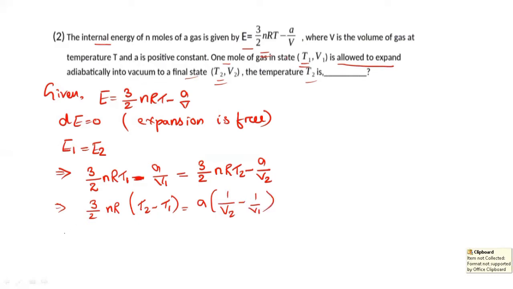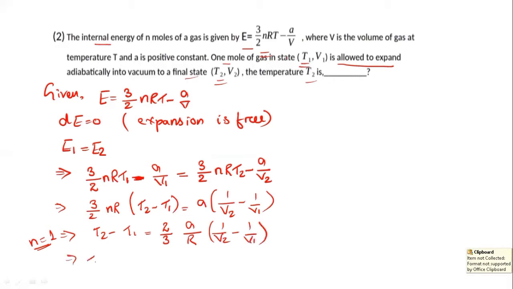Now here you can write T2 minus T1 equal to, bringing this 3 by 2 NR to the right hand side, 2 by 3 A by R. Here I have written A by R because we need to find for 1 mole of gas, so N is equal to 1. The rest, 1 by V2 minus 1 by V1, will be the same.